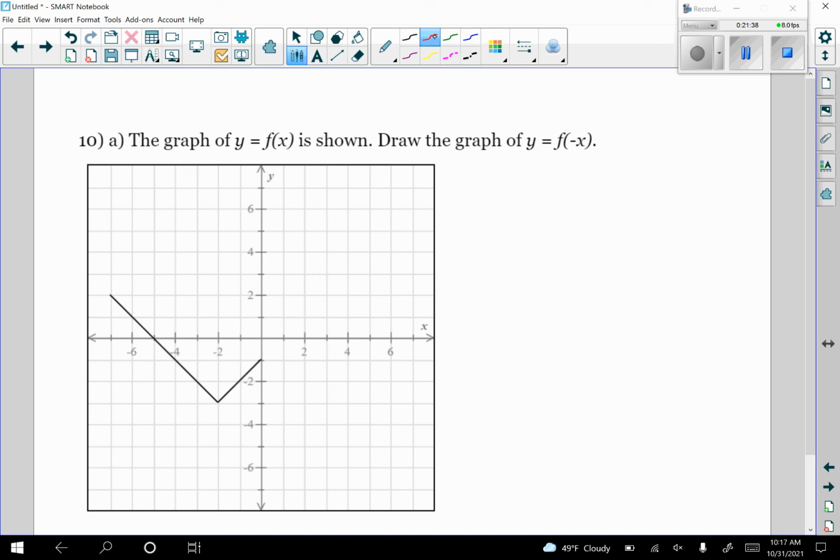So what could be helpful is if we make a table for y equals f of x, or we could say we're just going to reflect, when the negative is on the inside, reflect over the y-axis. So we could just put our points here, here, and here, and if it helps, we're going to reflect over the y-axis. So here I'm at the ordered pair -7, 2.